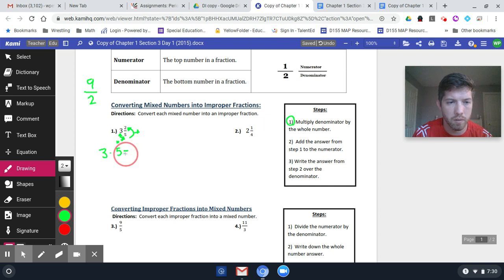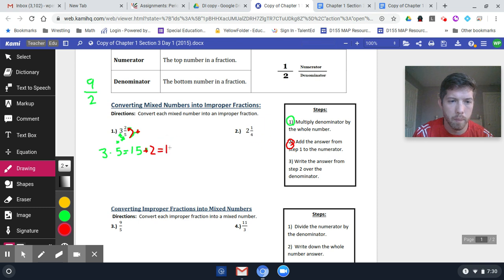Then we're going to add 2. We're going to add the top number plus 2. Got some holiday colors right there. All right, and which gives us the answer of 17.